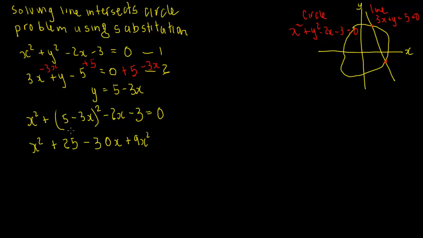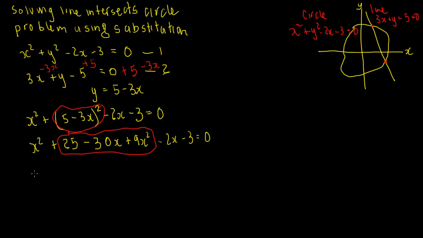So that there, just with the red pen, is the expansion. This here becomes this here. So square of the first, minus twice the product of the two terms, plus the square of the last. So that has become that, and then we're just going with the minus 2x minus 3 equals 0.